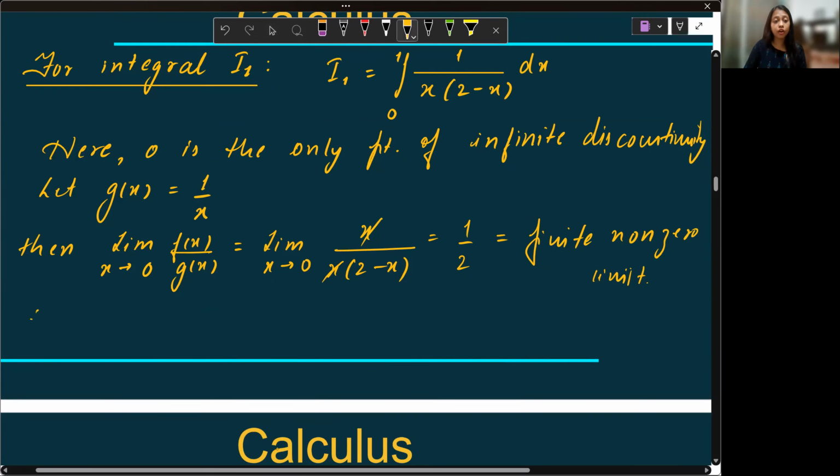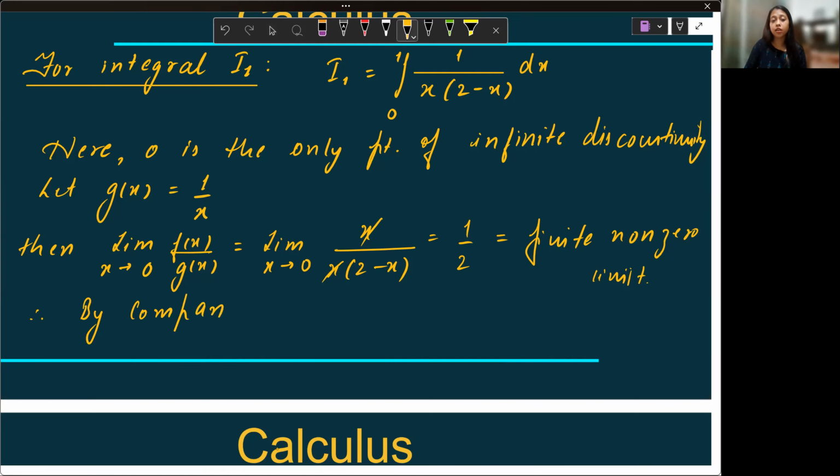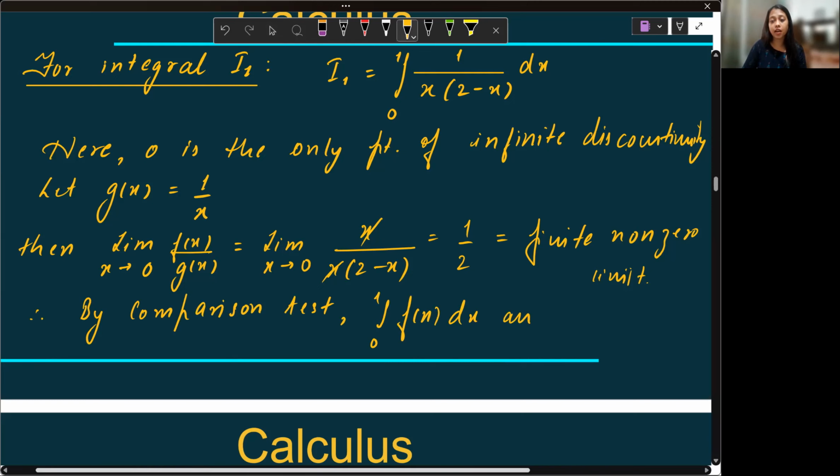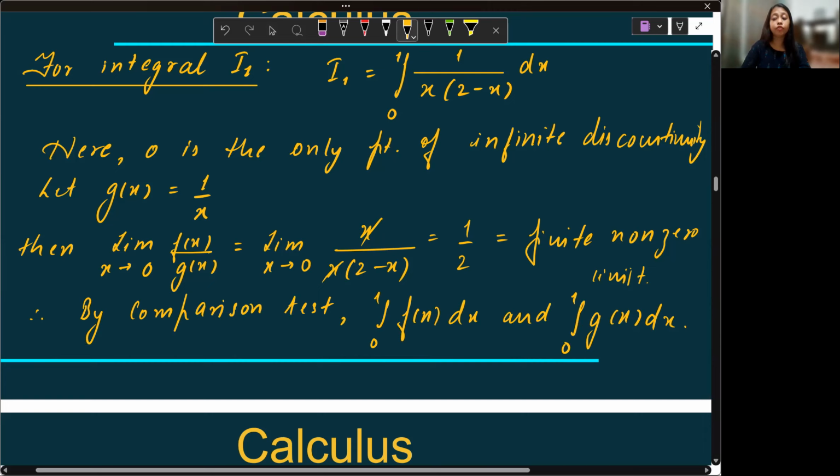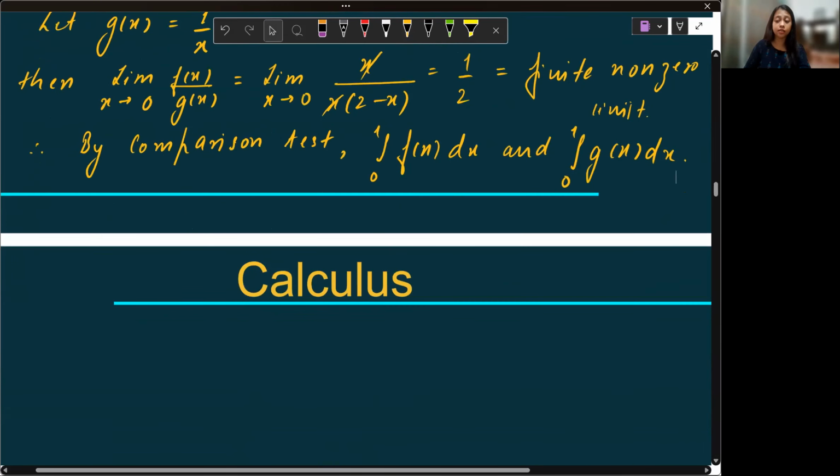Okay. Therefore, I can say by the comparison test, the integral of 0 to 1 f(x) dx and the integral of 0 to 1 g(x) dx behave alike, right? So what is the nature of the integral of g(x)?